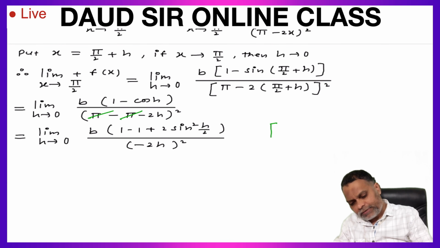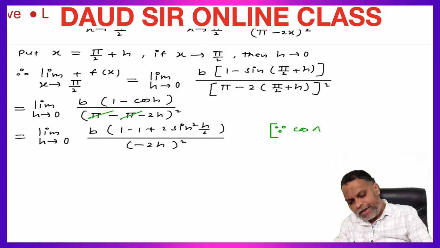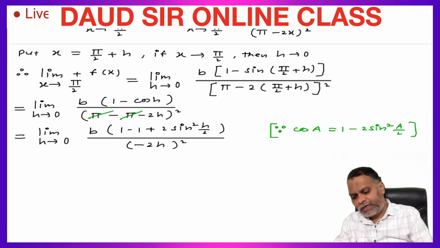Apply the half angle formula, cos a is equal to 1 minus 2 sine square a upon 2. This formula we applied in the numerator.